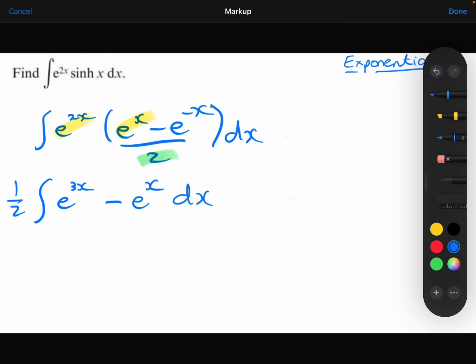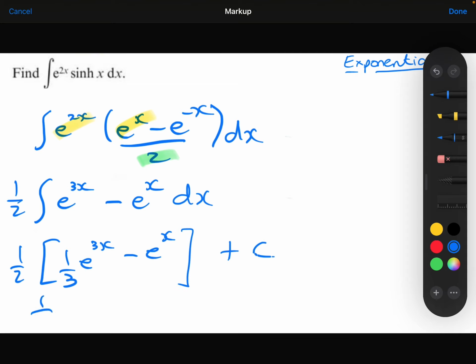And now both of these integrate nice and easily. E to the power 3x will integrate to be e to the power 3x divided by 3. E to the power x will integrate to be e to the power x. And so we will get our answer as 1/6 e to the power 3x minus 1/2 e to the power x plus c. And we're done.